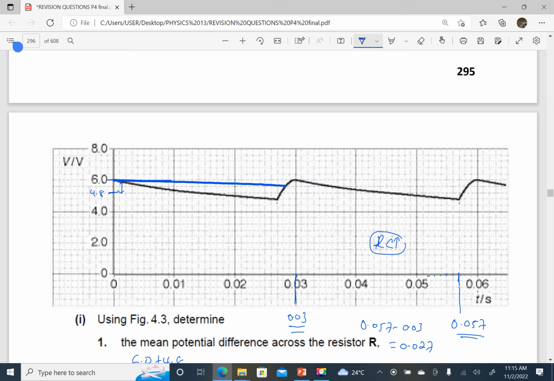So I'll make it reach at this point here. Okay, so just show this part of charging, and of course the discharging part.